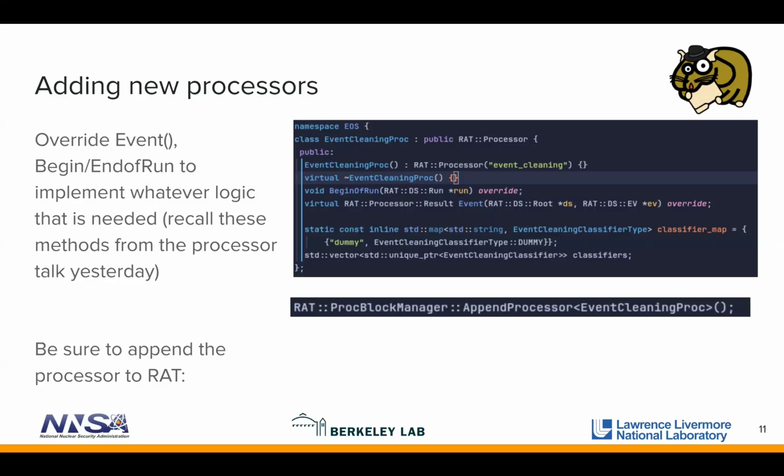So I'm showing here an example of a very simple processor that we wrote recently for EOS. You can see that it's a very simple thing, relatively speaking. Why would you write a separate processor from ratpac? Yeah, so an example of that, in EOS, for example, is where the specific fitter is trying to implement our event cleaning logic. So there are some events that our detector has triggered that we don't want to actually be included in our physics analysis.